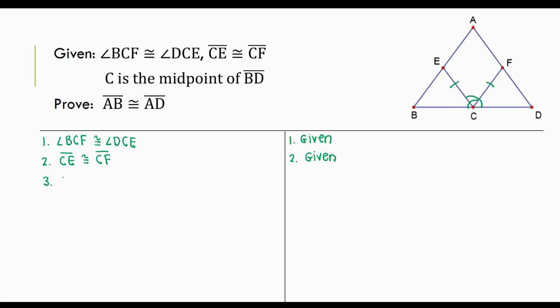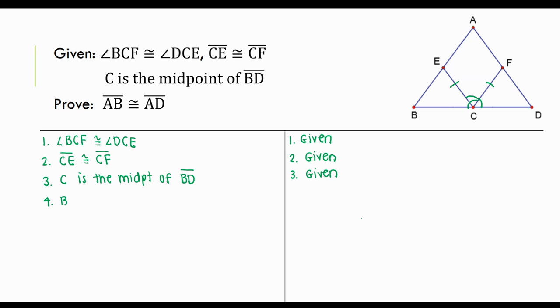Moving on, I know that C is the midpoint of the segment BD. Now, because that third given has a vocab word, I need to expand on that. So if I'm given a midpoint, I'm going to be dividing the segment into 2 congruent segments.